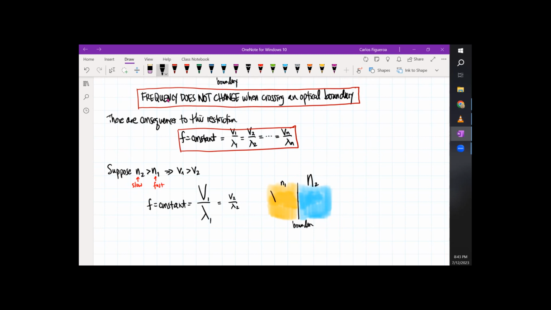I'm going to see a longer wavelength and a higher wave speed. In the higher index, I'm going to have shorter waves, and then a smaller apparent speed.